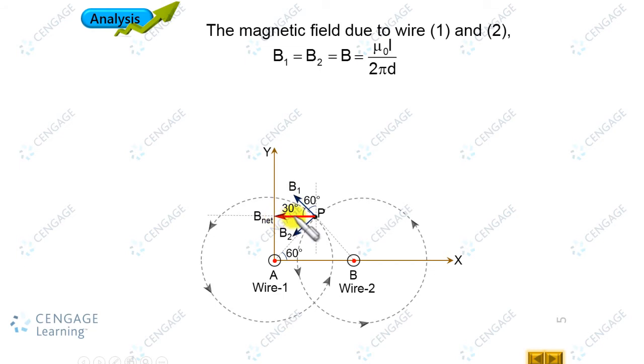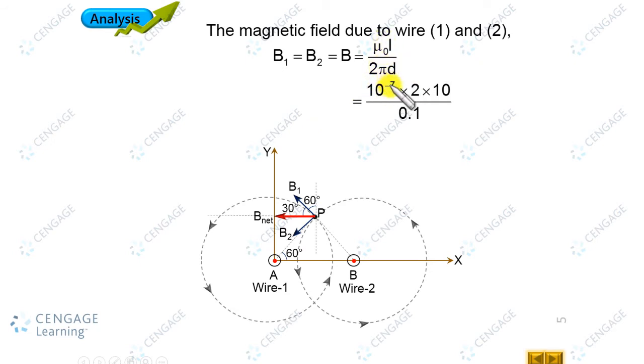So we know the formula for the magnetic field due to an infinite wire. Due to this wire or this wire, we know the magnitude will be the same. So the formula is mu naught I divided by 2 pi d. d is the distance of this point from this wire or this wire, right? So this is the formula for the magnetic field from either wire. We can now substitute the numerical values.